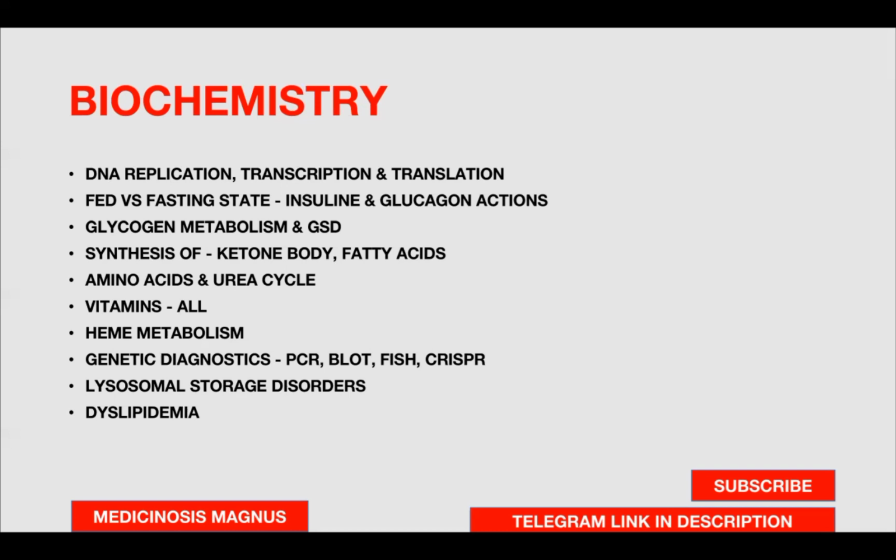Heme metabolism and genetic diagnostics such as PCR, blotting, and CRISPR, lysosomal storage disorders and dyslipidemia, all the different types of lipid disorders and lipid metabolism pathway.